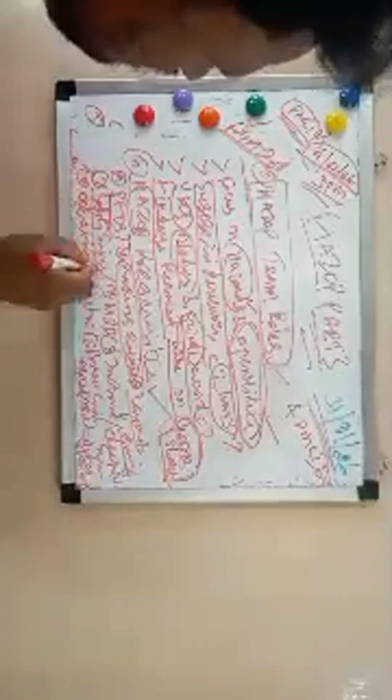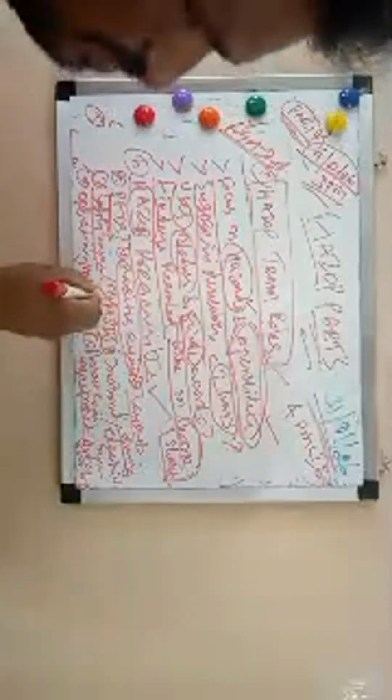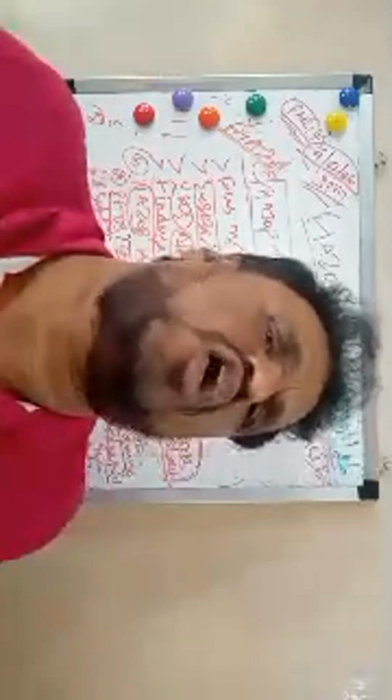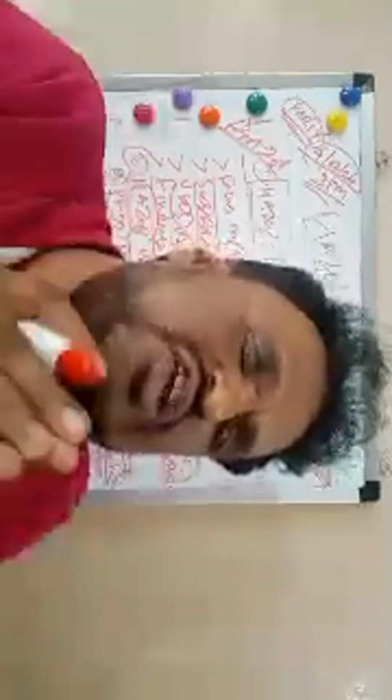Then safety engineer, MSDS (material safety data sheet), instrument and electrical engineer, and then operating instructions. The operating instructions must be there, and the project engineer is also required. Then equipment data sheets. Each and every equipment must have a data sheet. That data sheet you also have to have. These are prerequisites before conducting the HAZOP study.